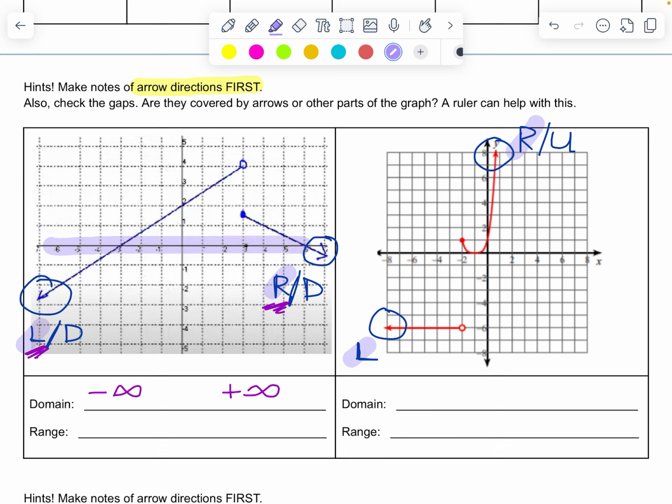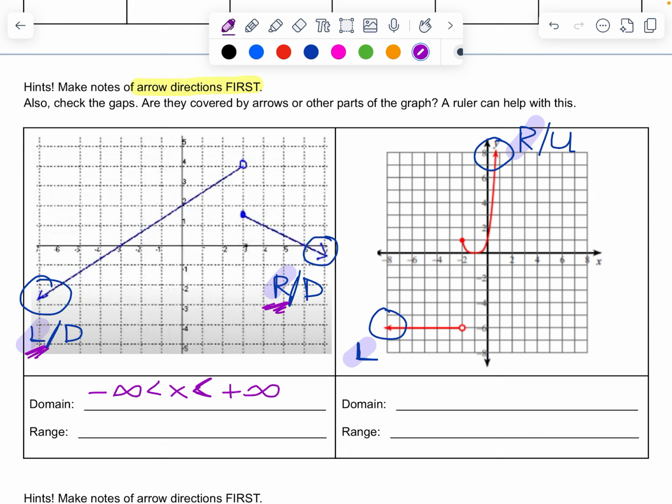One last thing to mention for domain is that we never quite get to infinity or negative infinity. So when I write out this compound inequality, we want to use arrows that don't have lines underneath them, because we're never going to quite reach negative infinity, and we're never actually going to get to positive infinity. By definition, that's impossible.